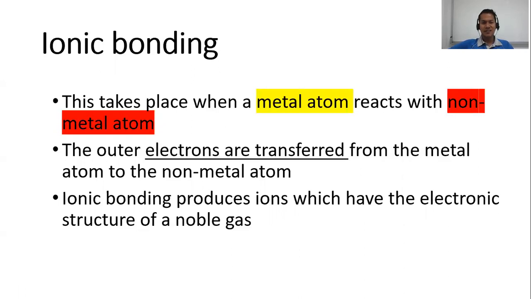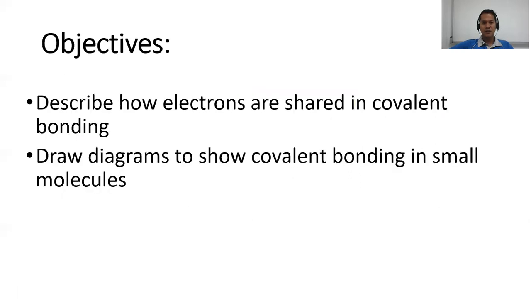In ionic bonding, in order to complete the valence electrons, they're going to need to gain or lose electrons. Always remember that electrons will be transferred, and the reaction happens between a metal atom and a non-metal atom. So that's ionic bonding.